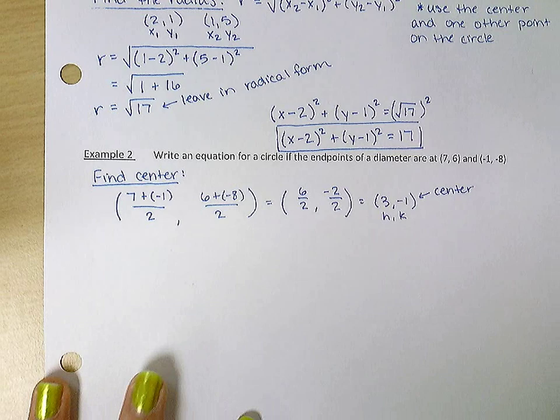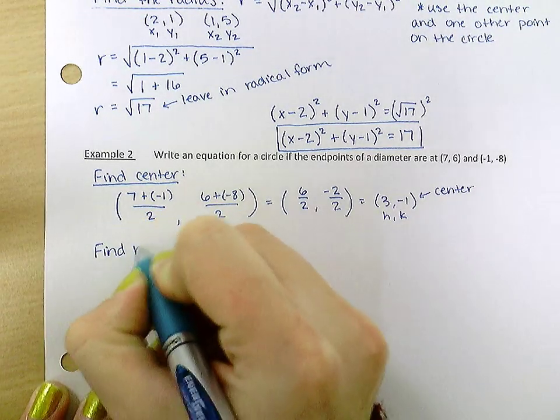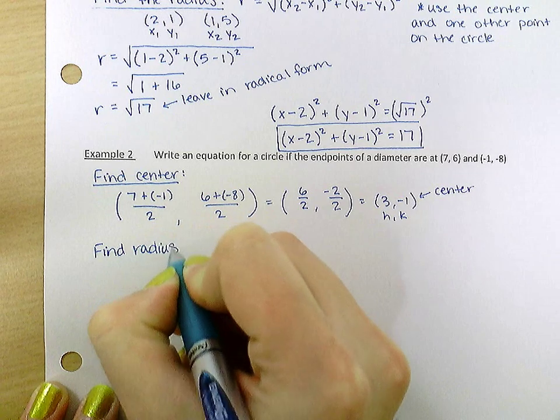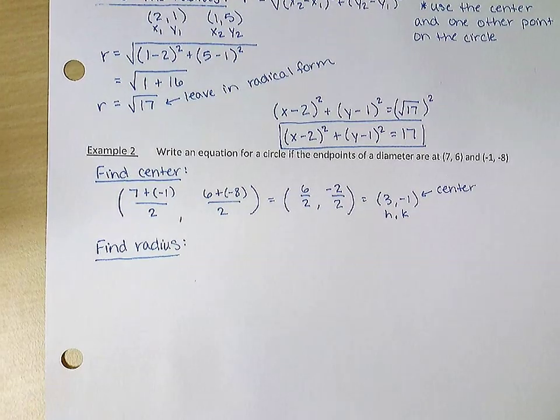Next I want to find the radius. Again, you're using your center point and one of the points on your diameter.